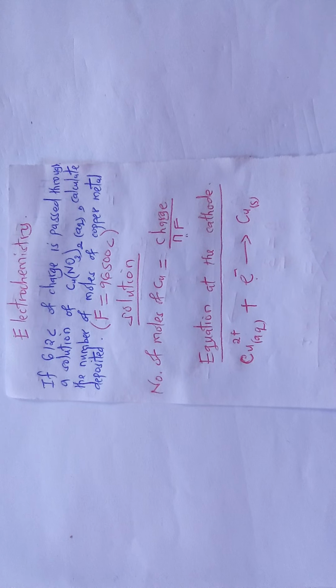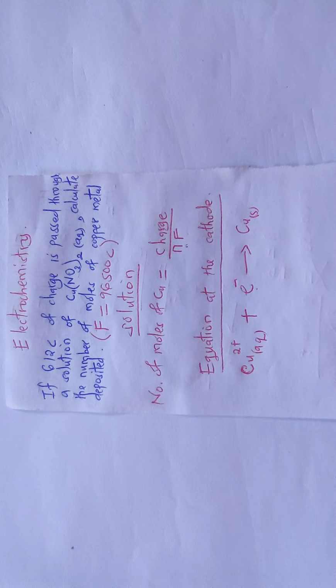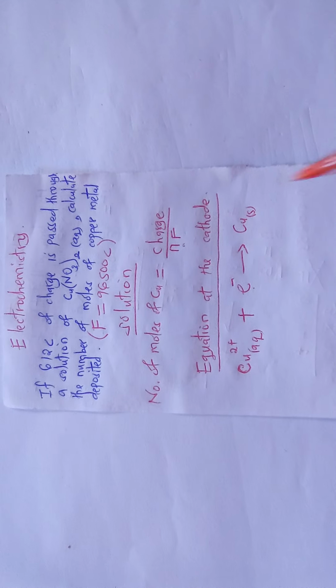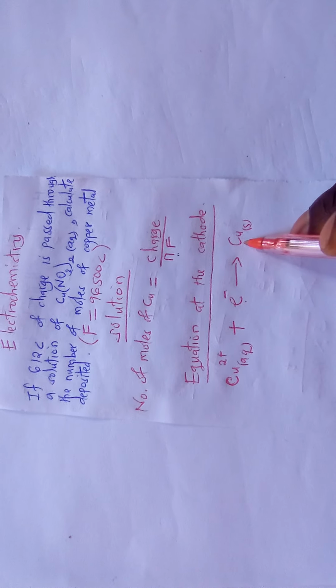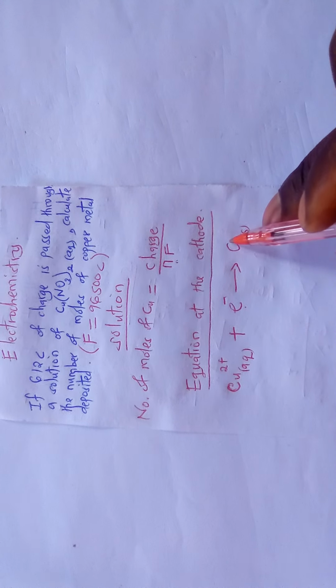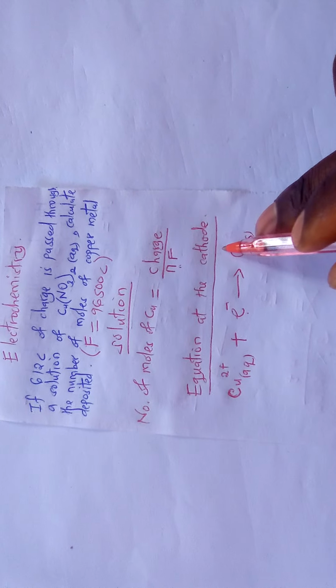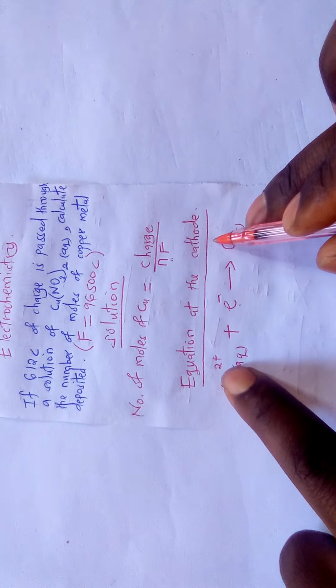After writing that, the equation is not complete, and therefore you need to complete it. To complete that equation, you are required to balance the charges, because the atoms are already balanced, with 1 and 1. But when you look at the charges, the product side is 0, therefore my reactant side must also be 0.